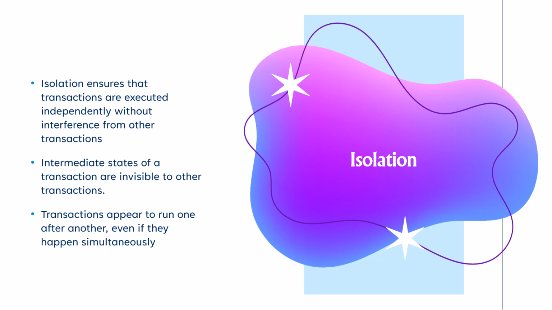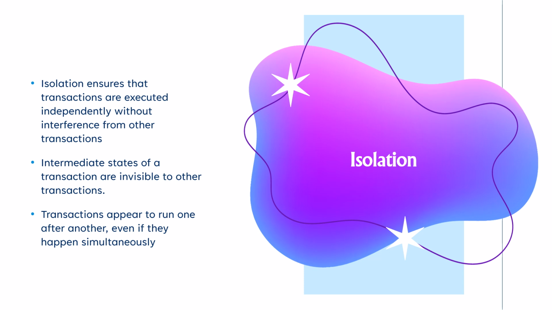So for example, if there is a single product on an e-commerce site, and two users concurrently try to save the product in the cart, then both users would have the same product in the cart. But that's not right because there is only a single product.